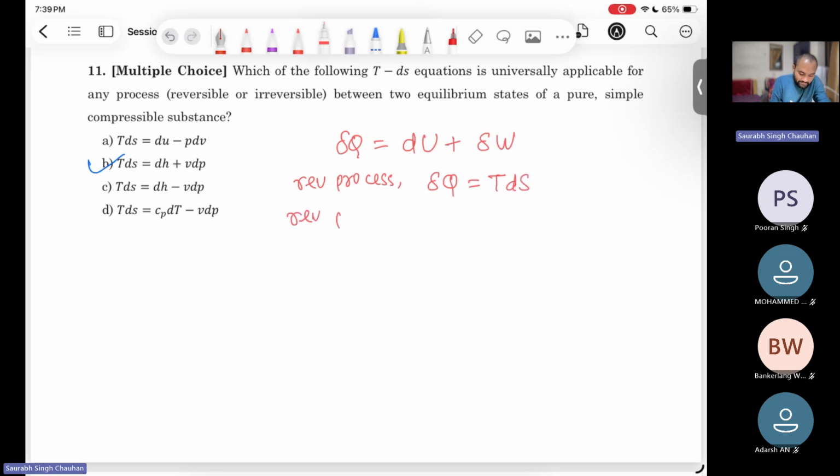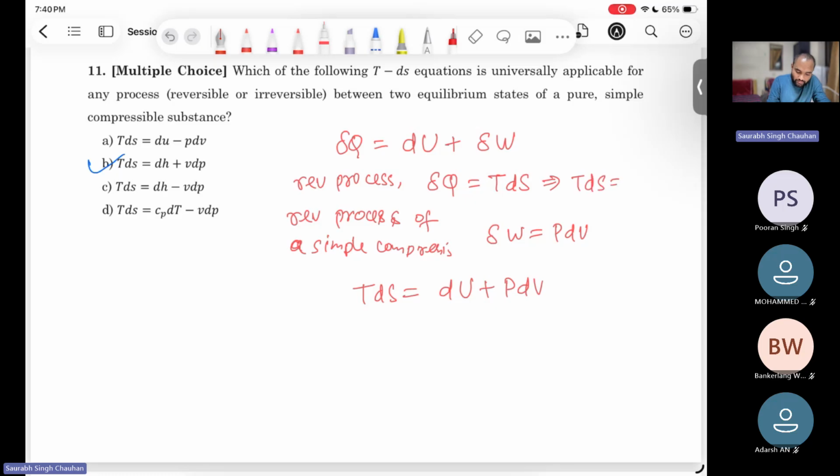And for a reversible process of a simple compressible system, del W is equal to PdV. So you write TdS is equal to dU plus PdV. Step by step, it is TdS equal to dU plus del W, or here you can write del Q.